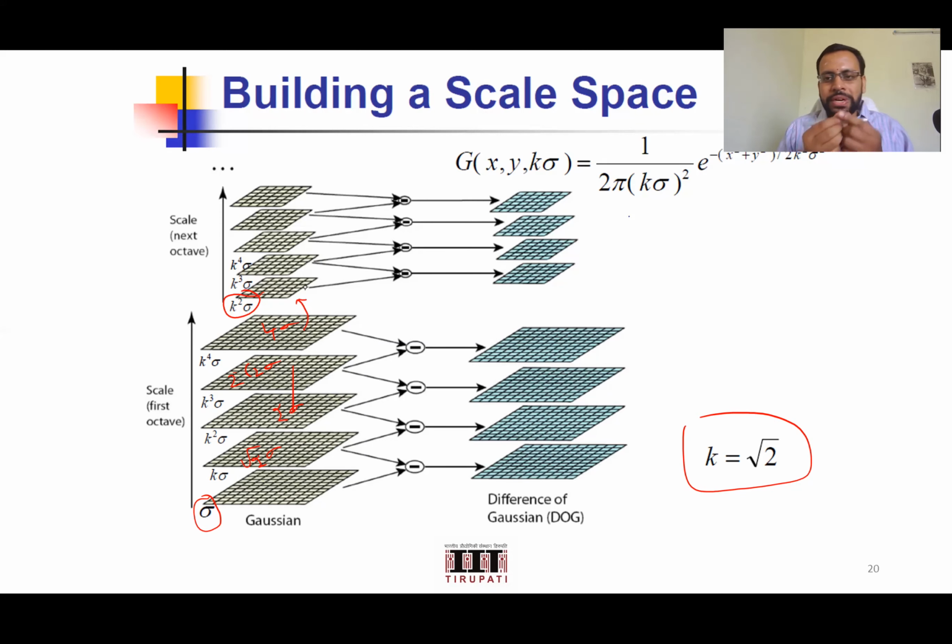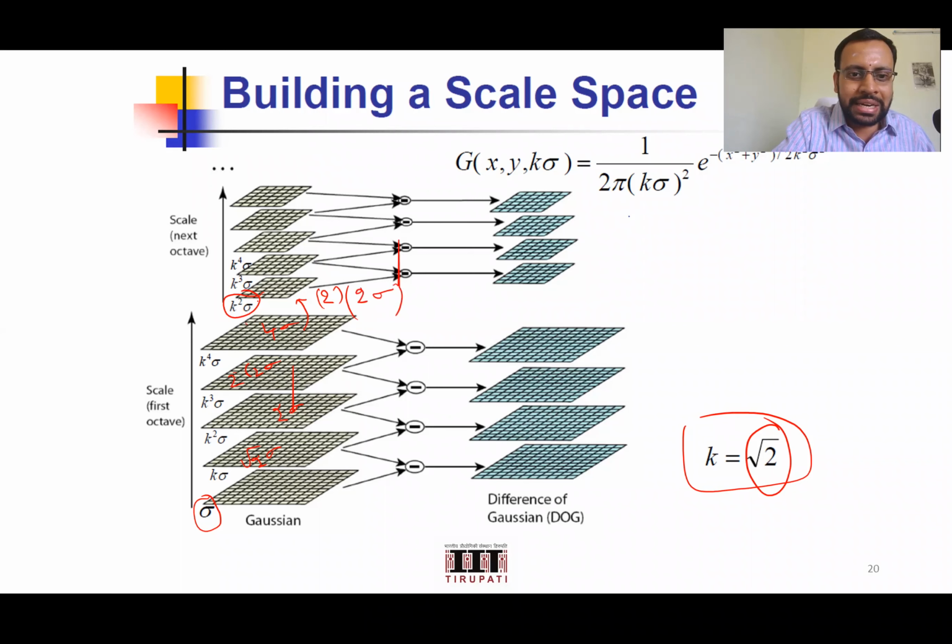So what would happen, for example, there is sigma in both x and y, by the way. If you are doing it, let's say k square here, for k equal to root 2, k square is 2 times. Since you have downsampled, now you just consider one row here. In one row, if you are taking only alternate pixels, and then if you are still applying the same sigma value, since your image is now half of that size, this would in fact be equivalent to 2 sigma here, right?